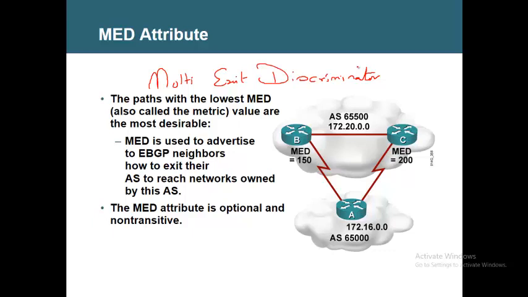What is MED? See, this particular attribute is not applicable when you don't have multi-exit. When you don't have multi-exit, this is not applicable.